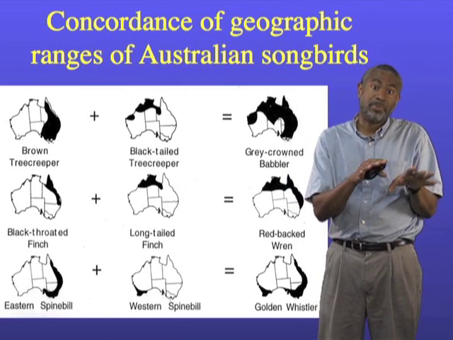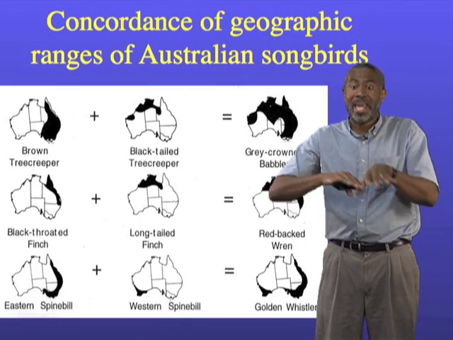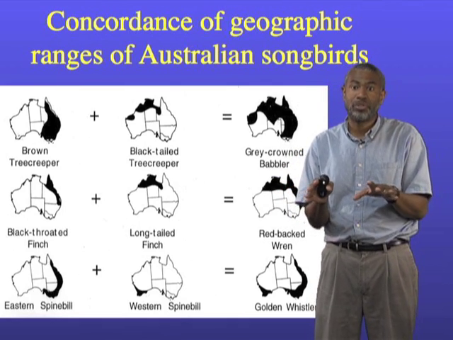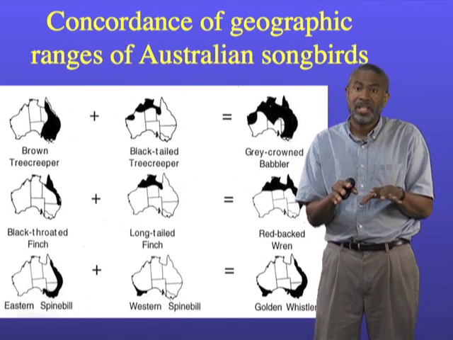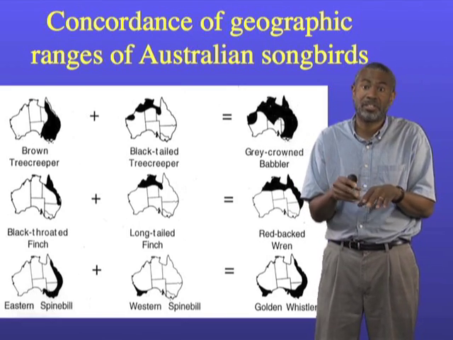You also see the black-throated and long-tailed finches in the middle row. Those ranges add up to those of a completely unrelated species, the red-backed wren. So we'll be looking at all of these groups to show how their histories have been similar and in some cases different.